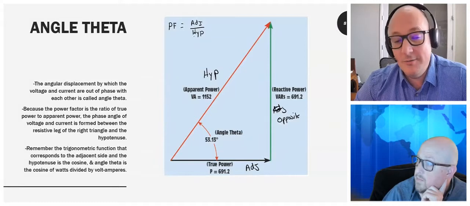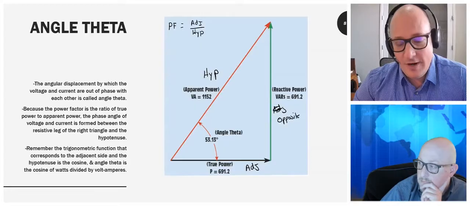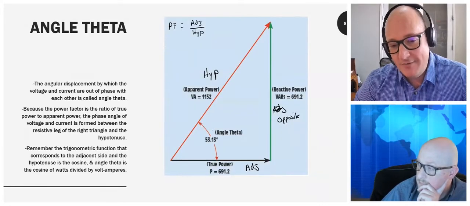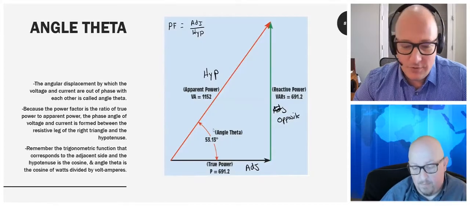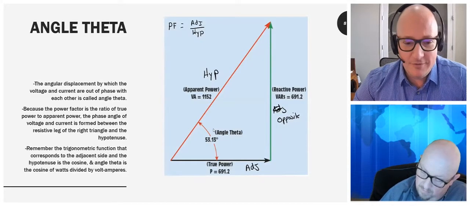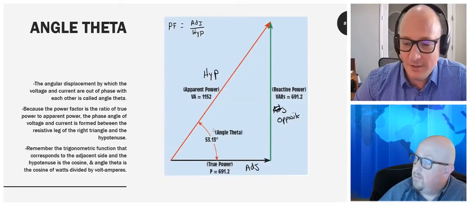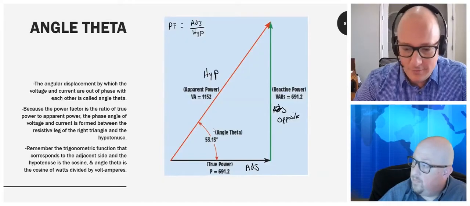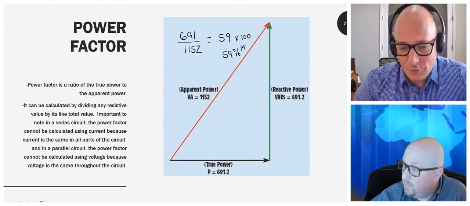And why do I care about the angle theta? If I were to punch in 0.599 inverse cosine, I'd find that voltage and current are 53 degrees out of whack with each other. We've got to find some more bipartisanship between voltage and current here.